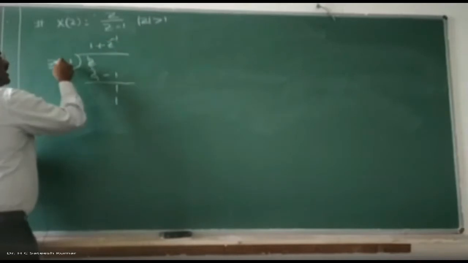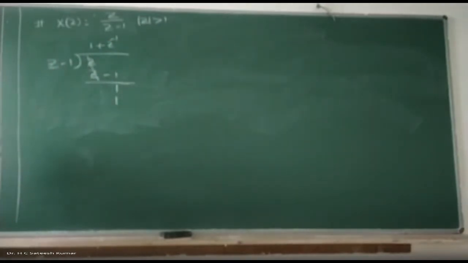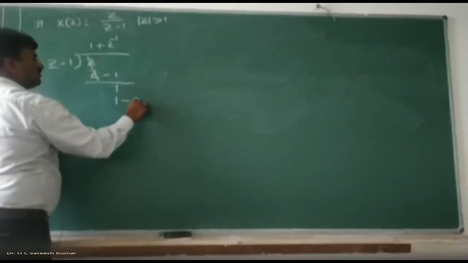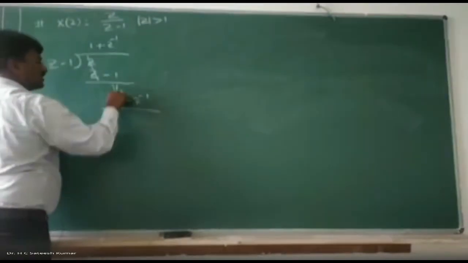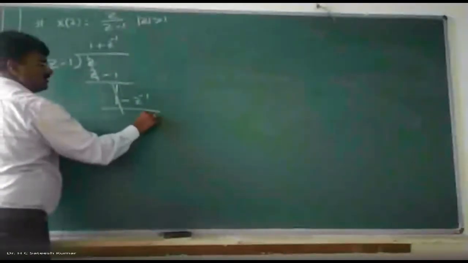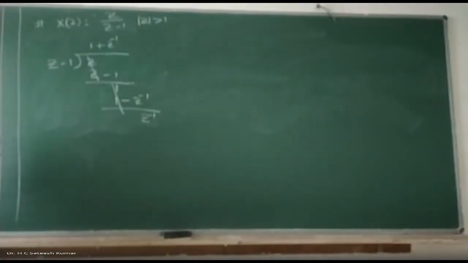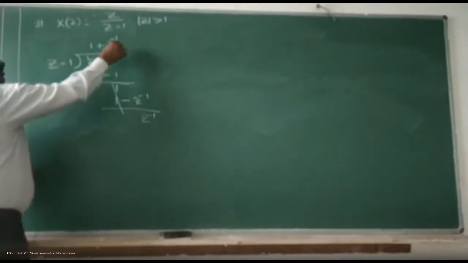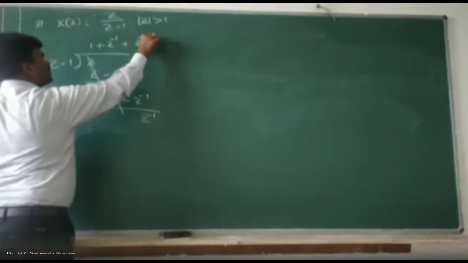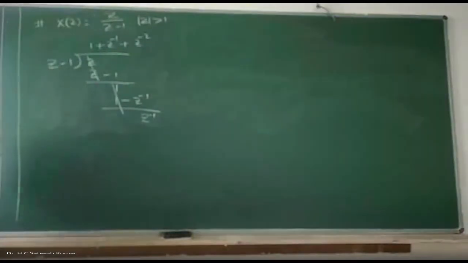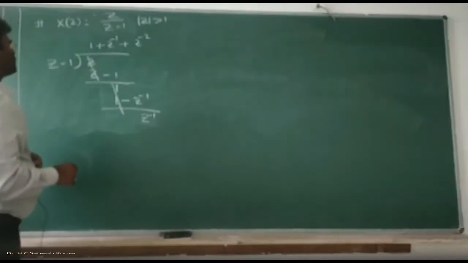Z to the power of minus 1 into minus 1 means minus z to the power of minus 1. This gets cancelled. What will you get? Z to the power of minus 1. If you want to get z to the power of minus 1, multiply by z to the power of minus 2. Z to the power of minus 2 into z is what?